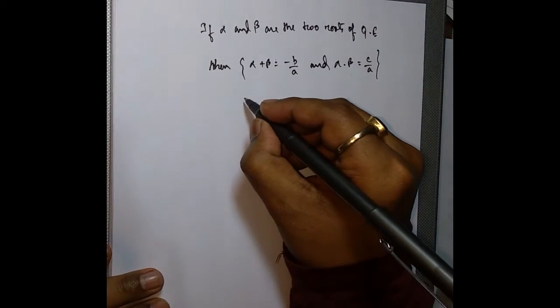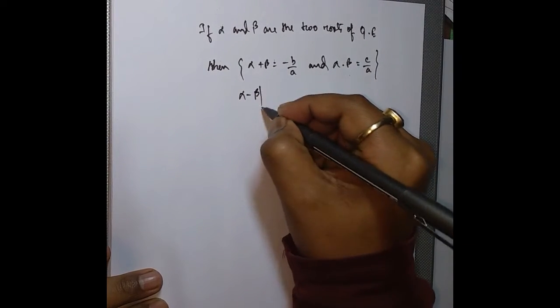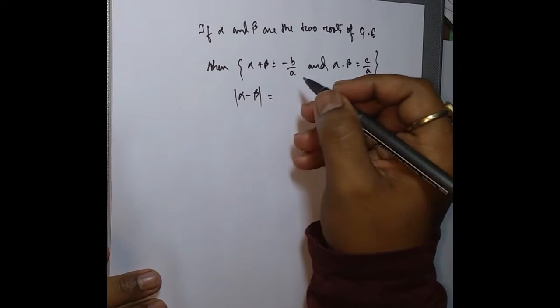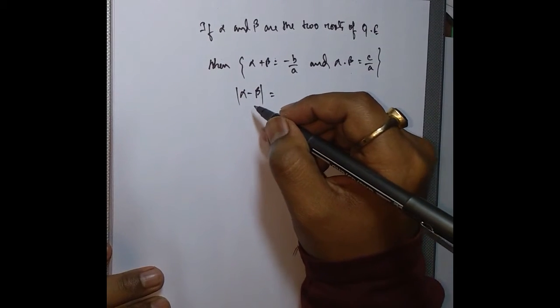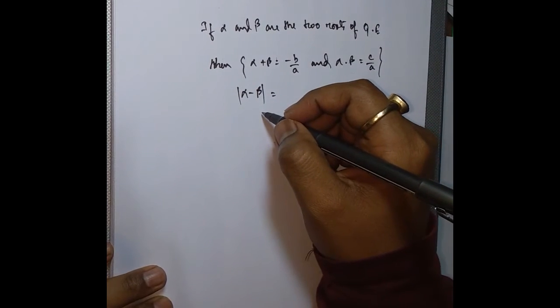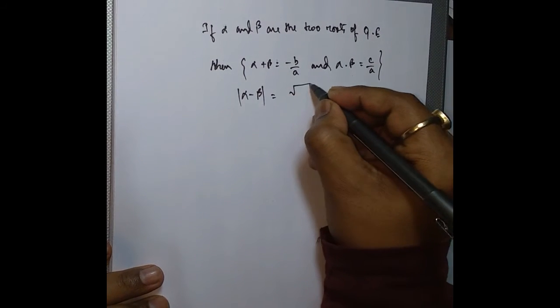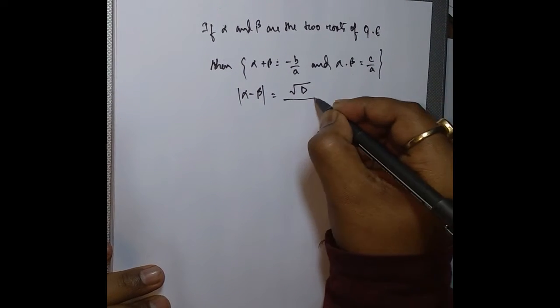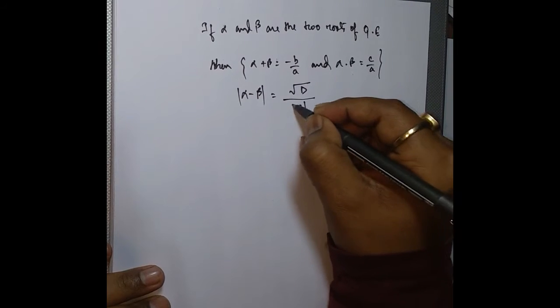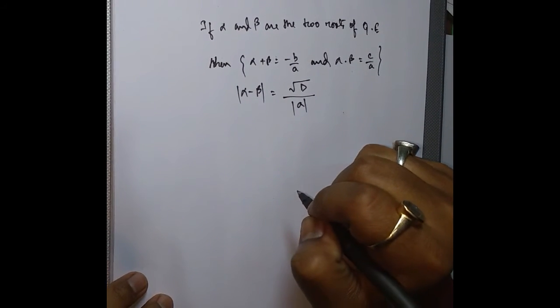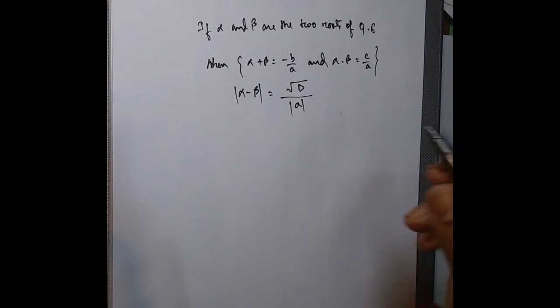another result, which is not so very important but you can derive it anytime you want. Modulus, meaning the absolute value of the difference of the two roots, is equal to root of the discriminant by mod a, depending upon the value of a.